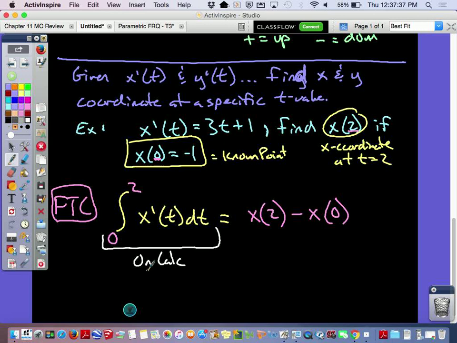So I'll just say this is some number, and that would equal x of 2 plus 1, because we're doing a minus a negative 1, and then we can solve for x sub 2. That is something you'll likely be asked to do on every single parametric FRQ that you get. So with this information, you are all set to do a parametric FRQ.